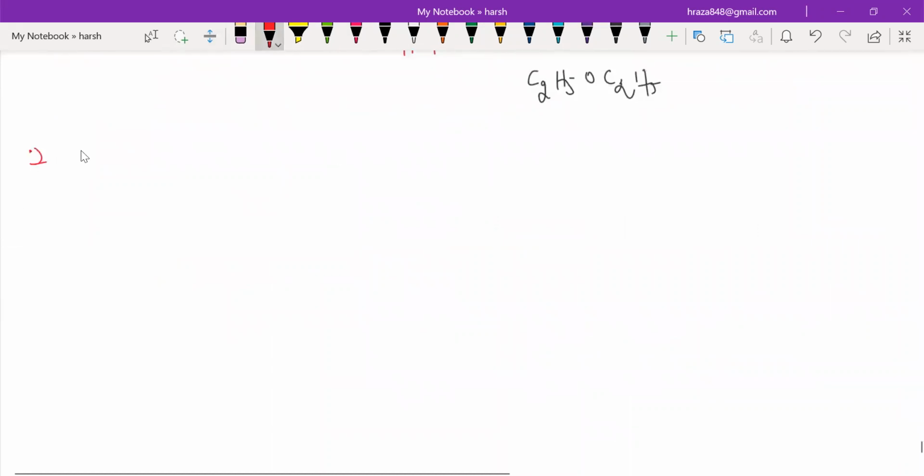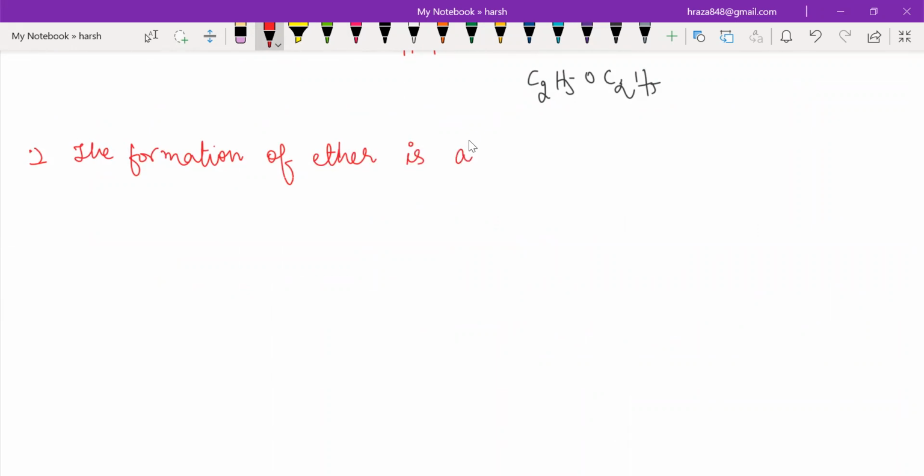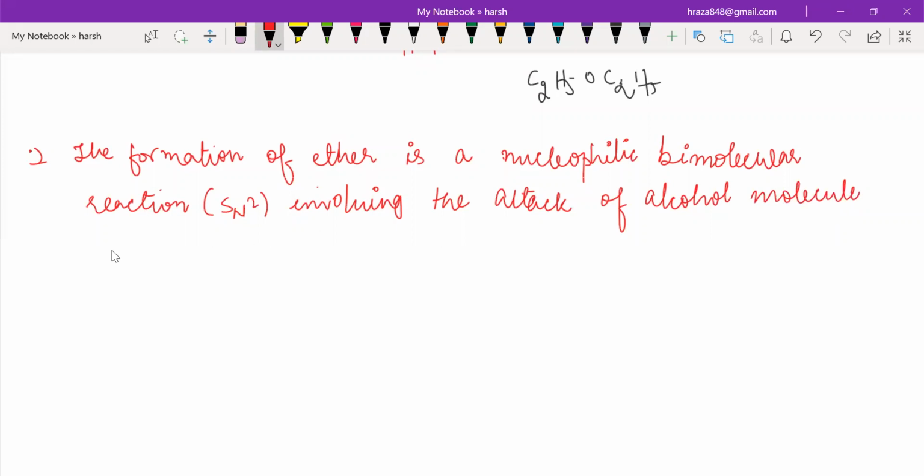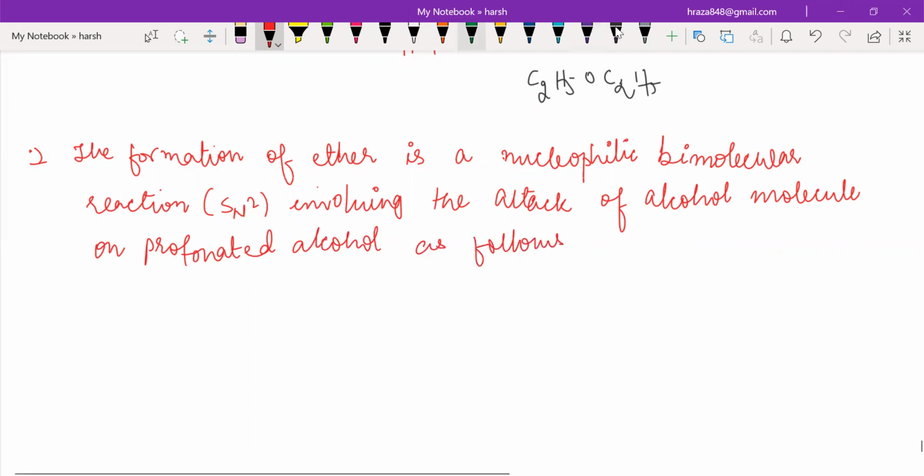First of all, this reaction, or we can say the formation of ether, is a nucleophilic bimolecular reaction, that means an SN2 reaction, involving the attack of an alcohol molecule on protonated alcohol as follows. You can see, I'm going to write the mechanism.